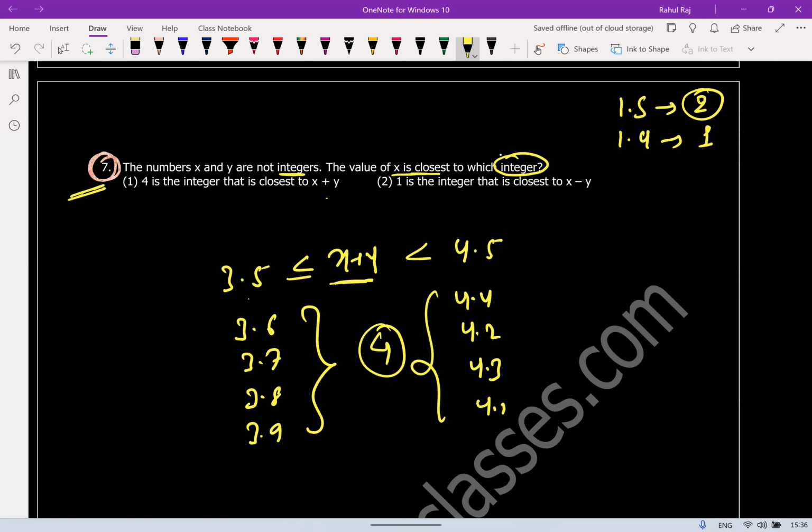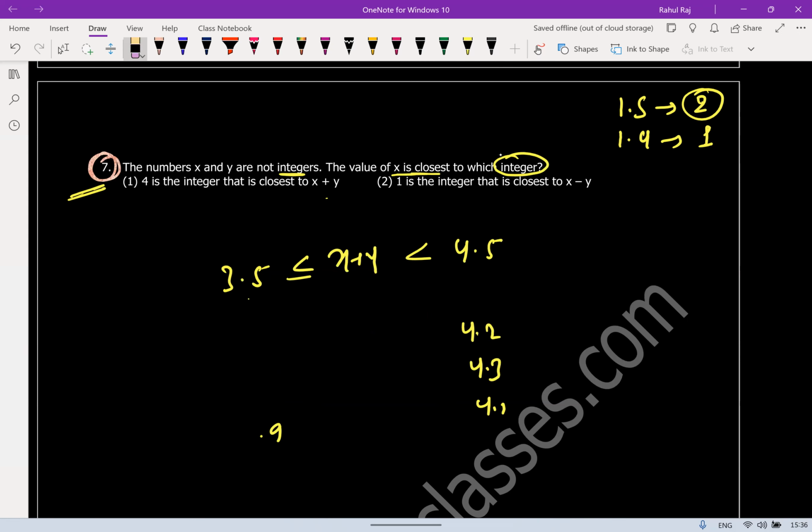Simple, straightforward logic. But what is my question? X is close to which integer? Now this gives you no understanding of what x is close to, because what is given in the statement is about x plus y. So I can straight away say this statement is not sufficient. Right? Now it says 1 is the integer that is close to x minus y.